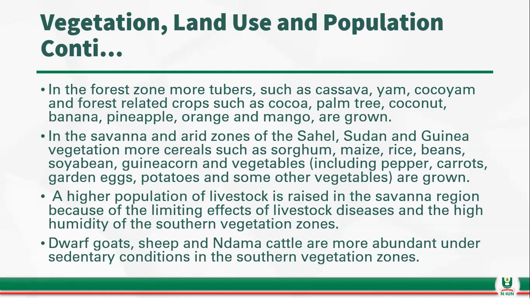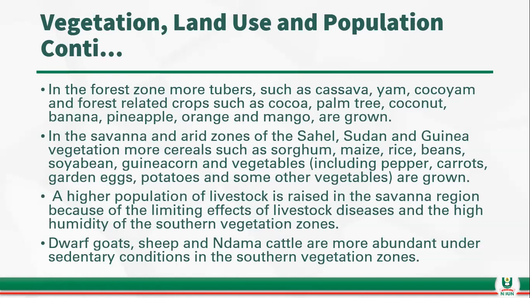So a higher population of livestock is raised in the savanna region because of the limiting effect of livestock disease and the high humidity of the southern vegetation zone. So also in northern Nigeria, especially this savanna region, we have very high livestock, which are kept in those areas because of the low humidity, which also reduces some of the diseases and pests that attack these animals.